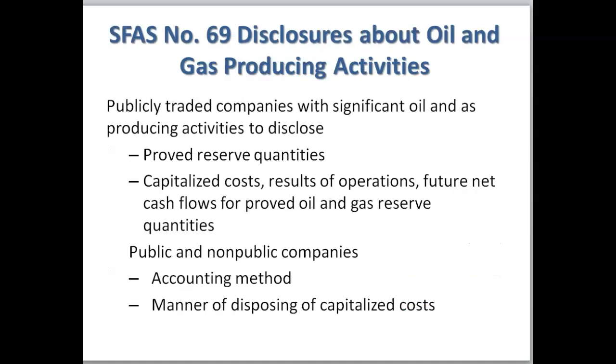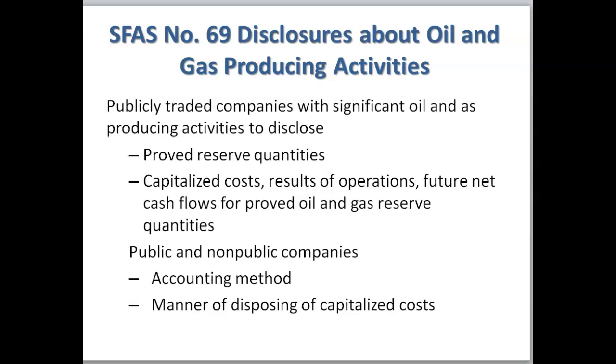Now here's a note about SFAS number 69, disclosures about oil and gas producing activities. If you have a publicly traded company with significant oil and gas producing activities, you're going to have to disclose certain information, such as what your quantities of proved reserves are, capitalized costs, results of operations, future net cash flows from your proved oil and gas reserve quantities.